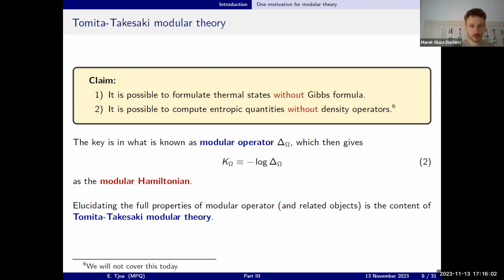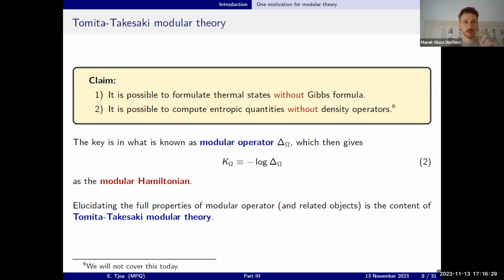But I'm going to claim that there exists another operator called the modular operator, so that in finite dimensions, it's an object that is constructed out of density operators. So when a density operator exists, it's equal to this delta? No. The point is that even if the density operators do not exist, delta can always be proven to exist under some conditions.